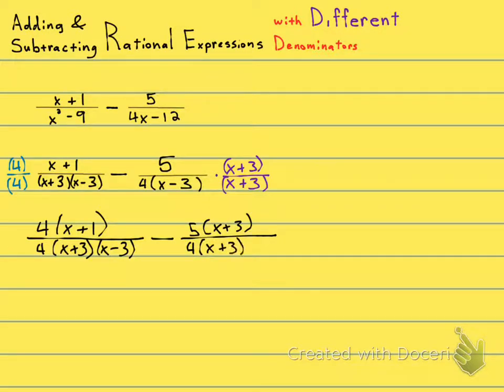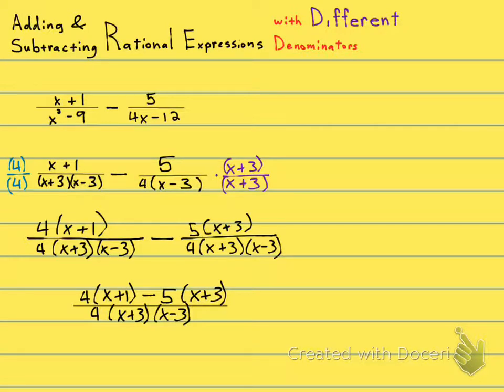X plus 3, x minus 3. Now that my denominators are the same, I can put them together all over one denominator. So it's going to be 4 times x plus 3 times x minus 3. And my numerator is going to be 4 times x plus 1 minus 5 times x plus 3.